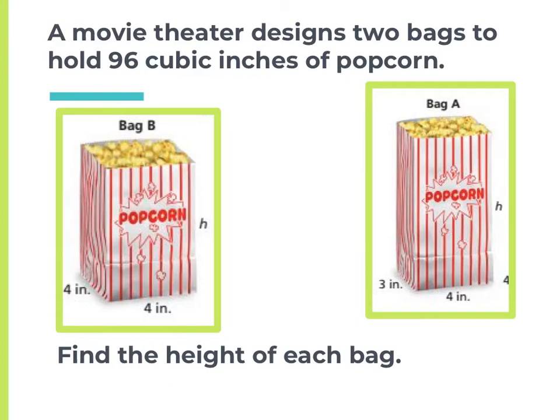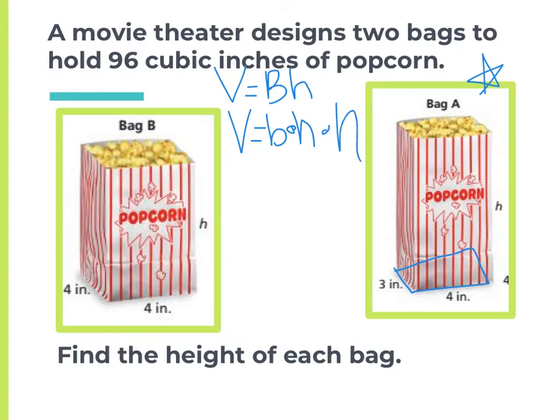Interesting. So I'm going to start with bag A over here. It's in a weird spot. But we already know what the volume is. It's telling us it's 96. So we have to put it into V equals big B times H. Now the area of the base here, these are going to be parallelograms. So volume equals base times height of the parallelogram times the height of the entire thing.